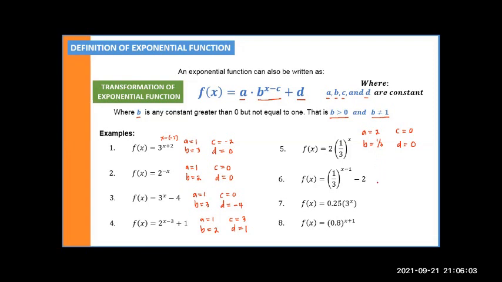Next, number 6, we have 1/3 raised to x minus 1 minus 2. So, ang A natin is 1. Hindi lang natin sinusulat, katabi ng 1/3. Ang B natin, which is the base, is also 1/3. Then, ang C natin is, again, x minus 1.